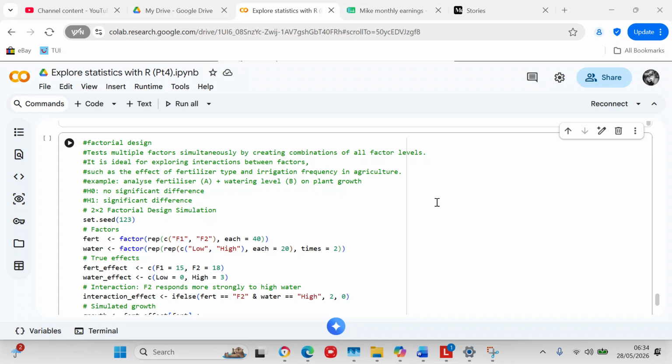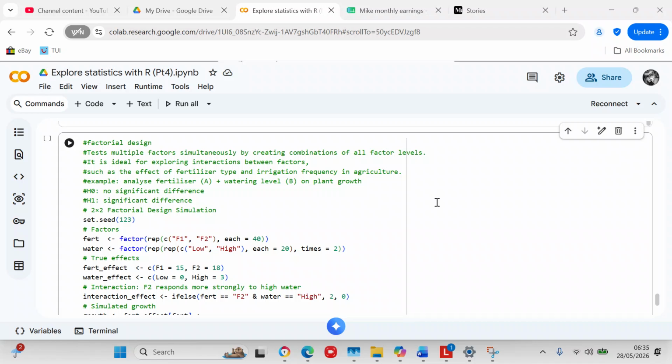Plant growth is your dependent variable, which is Y, and fertilizer and water level are your independent variables, being X. The null hypothesis is that there's no significant difference, and the alternate hypothesis is that there is a significant difference. So we're going to simulate a 2x2 factorial design.